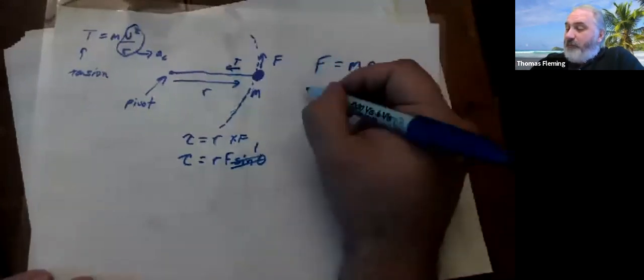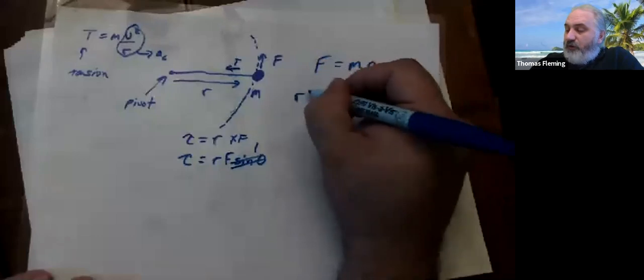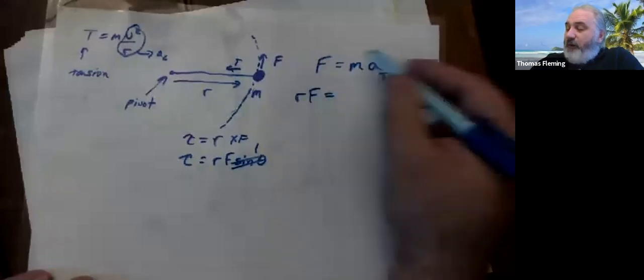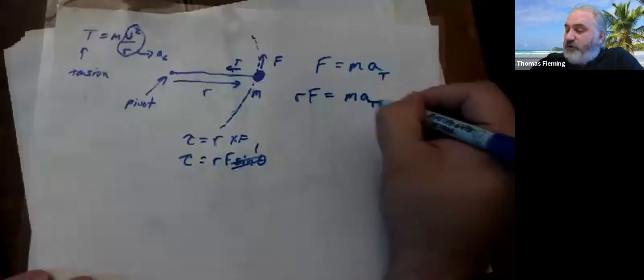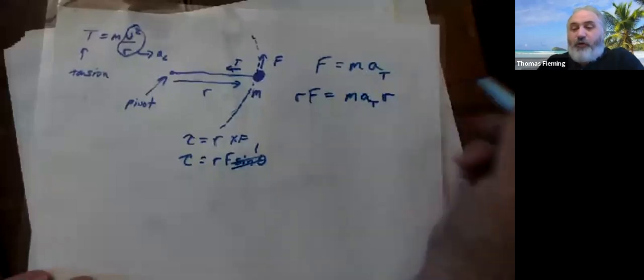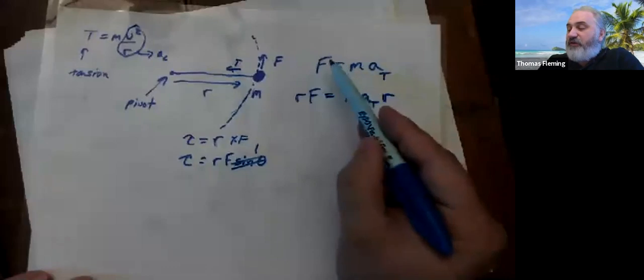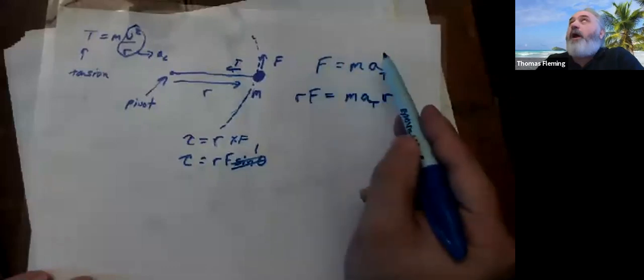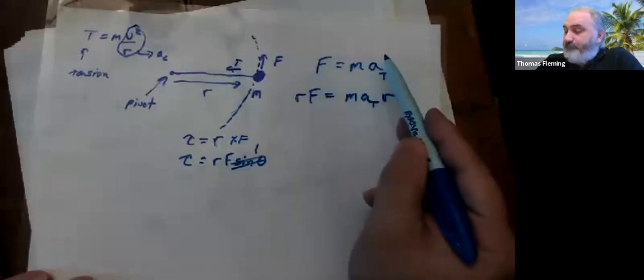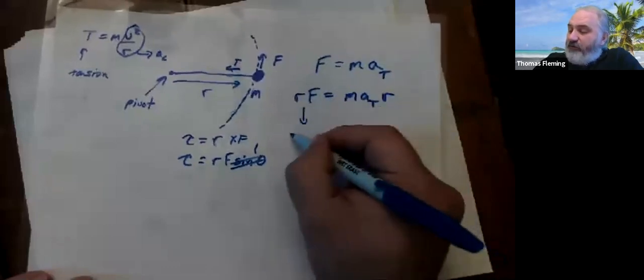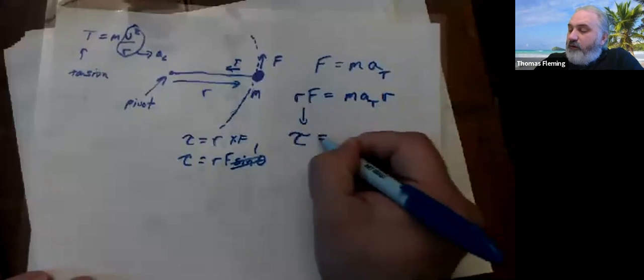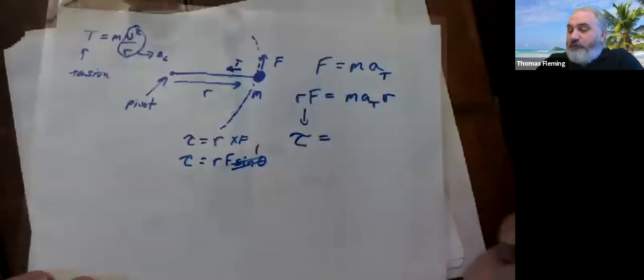So here I'll have R times F, but I got to multiply this side times R also. So I'll have M times A tangential times R. All I did here was multiply this equation on both sides by the same thing. And this, I can replace with the torque that I'm applying with that force.